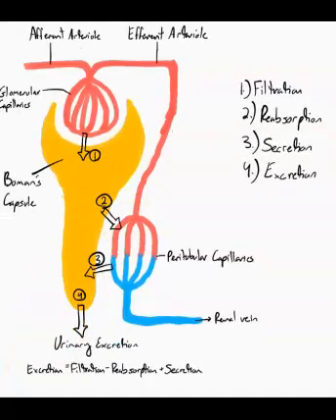capillaries. Now a little bit more on the control of filtration. We call this GFR regulation, GFR standing for glomerular filtration rate. This is the volume of plasma filtered per minute through the kidneys, and typically that's about 125 milliliters a minute.